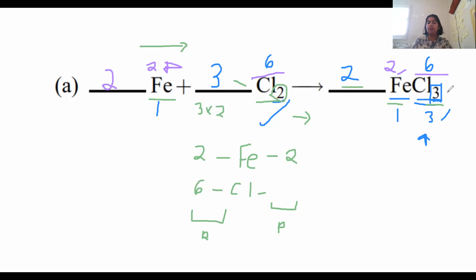So 2 times that 3 that's boxed is also what? 6, right? So we can put a 6 right here. And look at that. This 2 is equal to that 2. And the 6 on the chlorine is equal to that 6. So everything is perfectly balanced. We have a 2, a 3, and a 2. So that works just fine. So let me clear this board and let's try the next one.